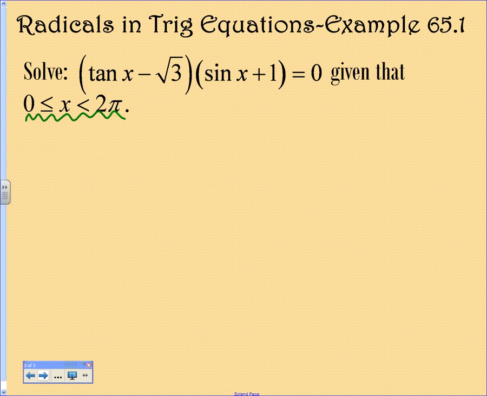Okay, so how are we going to solve 4x to get them in degrees, first off? No, you do not want to distribute because that's going to make it messy. What would you do to solve that?